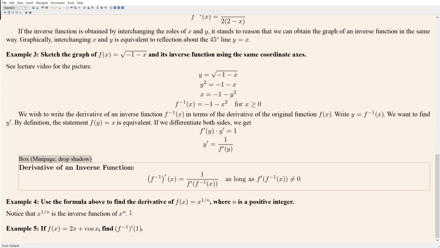And we are going to assume that we know how to differentiate x to the n. That is our premise. So we want to use this knowledge to prove that the same exact thing happens with the roots. And that's just going to be an illustration of this formula up here.